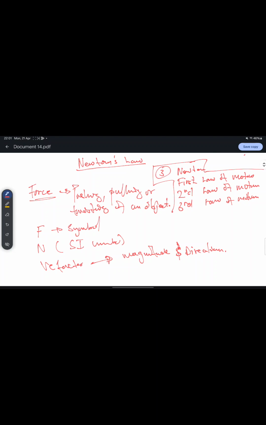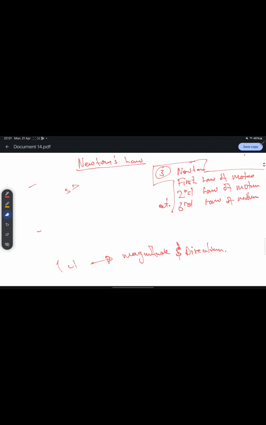They are in contact with an object. So you have to know them. Then let's talk about these forces. Let's start with the applied force.